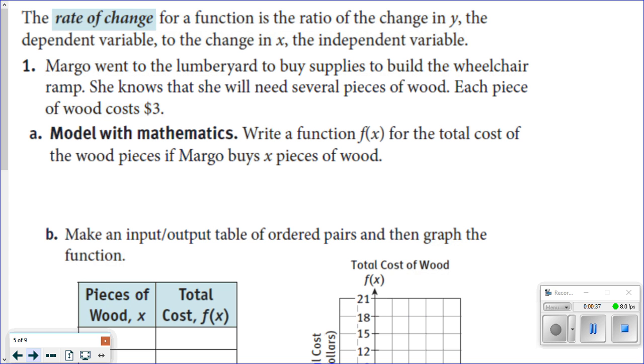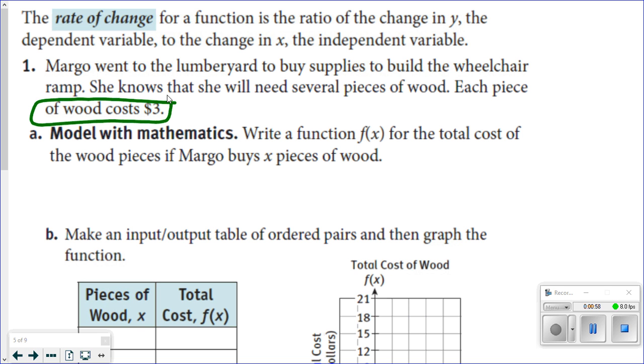So question 1, Margot went to the lumberyard to buy supplies to build the wheelchair ramp from the previous lesson with her grandparents. And she knows that she will need several pieces of wood to build the ramp, and each piece of wood costs $3.